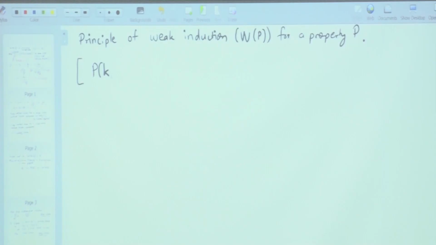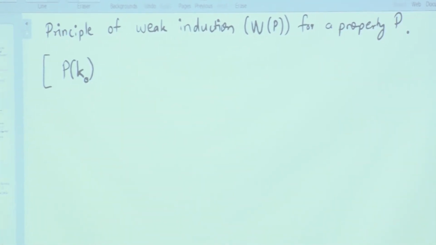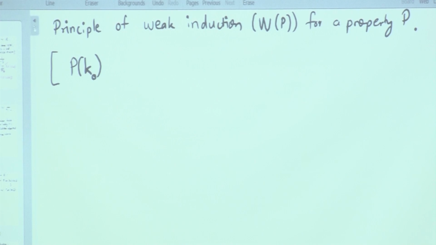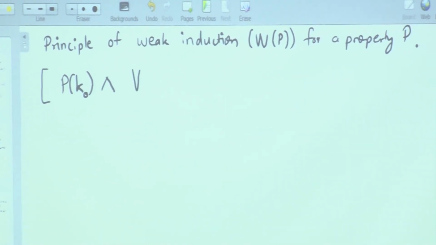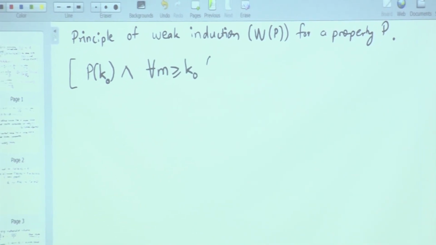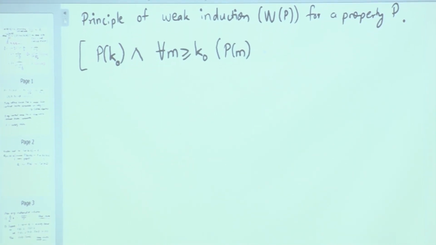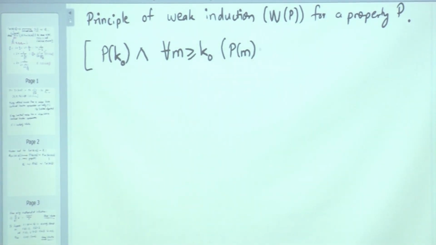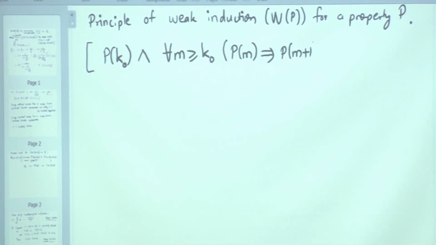If P of K0 is true, this is my base case, and for all M bigger than or equal to K0, whenever the statement P is true for M, then I can prove it for M plus 1.